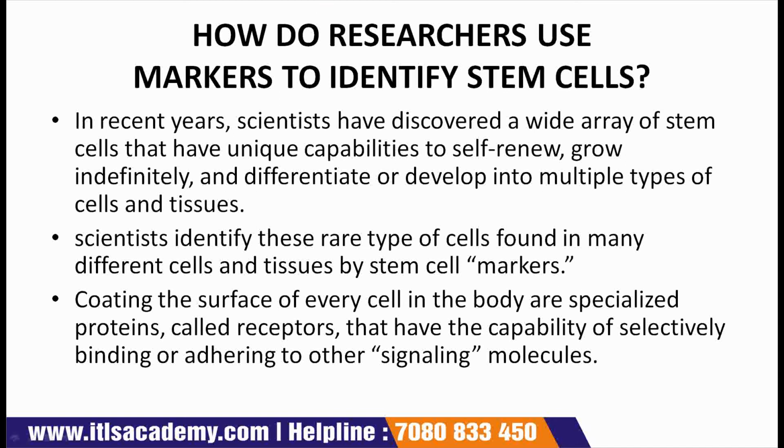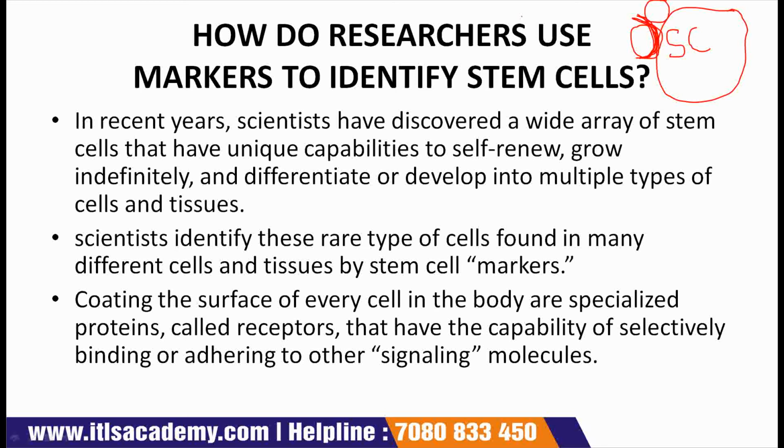The first point here is, how do researchers use markers to identify stem cells? How does it become possible to identify stem cells with the help of markers? If this is our stem cell, then the marker will be something that this stem cell has, a particular type of protein or other molecule present on its surface.